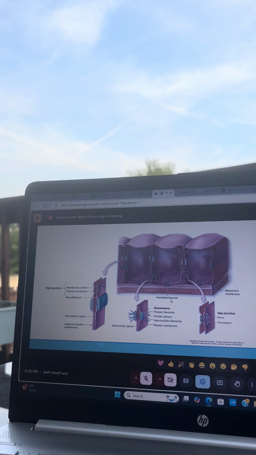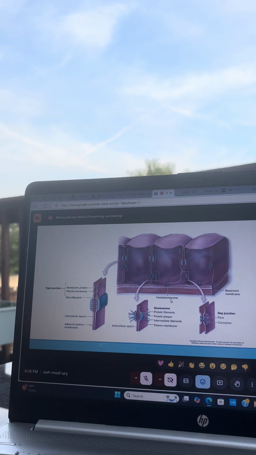What are the three types of cell junctions? Tight junctions, the desmosomes and the gap junction. Please know these three. Tight junction is like staples between the two adjacent cells. So here you have one cell, you have the other cell, the two plasma membranes, they are stapled at intervals.